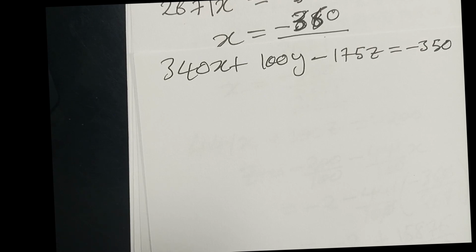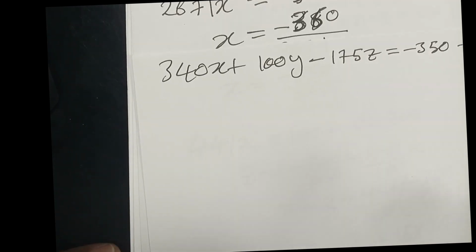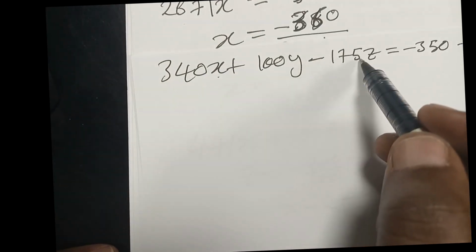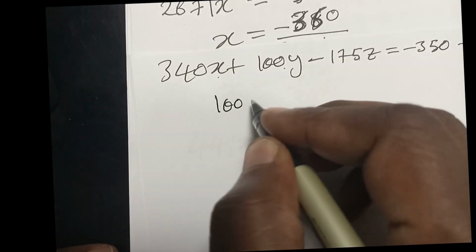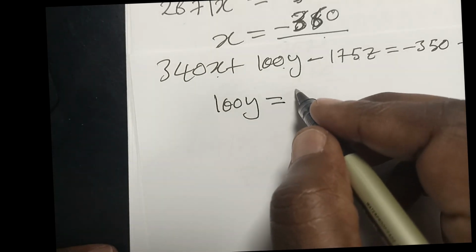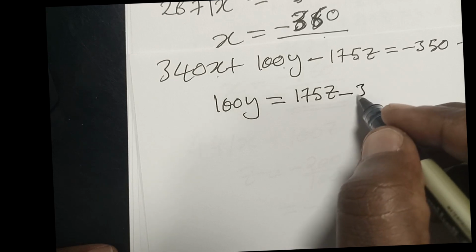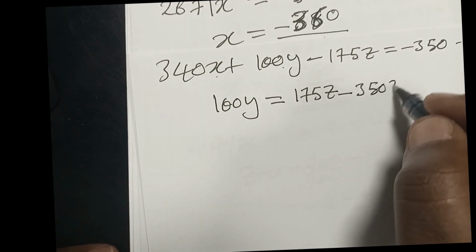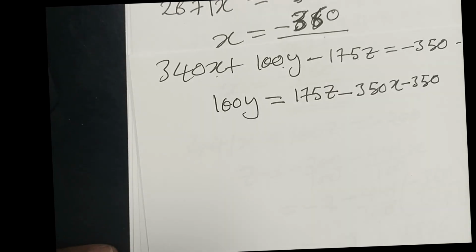One of our initial equations. This is equation number 3. Then we have x and we have z, so we're looking for y. So 100y can be given by 175z minus 350x minus 350.